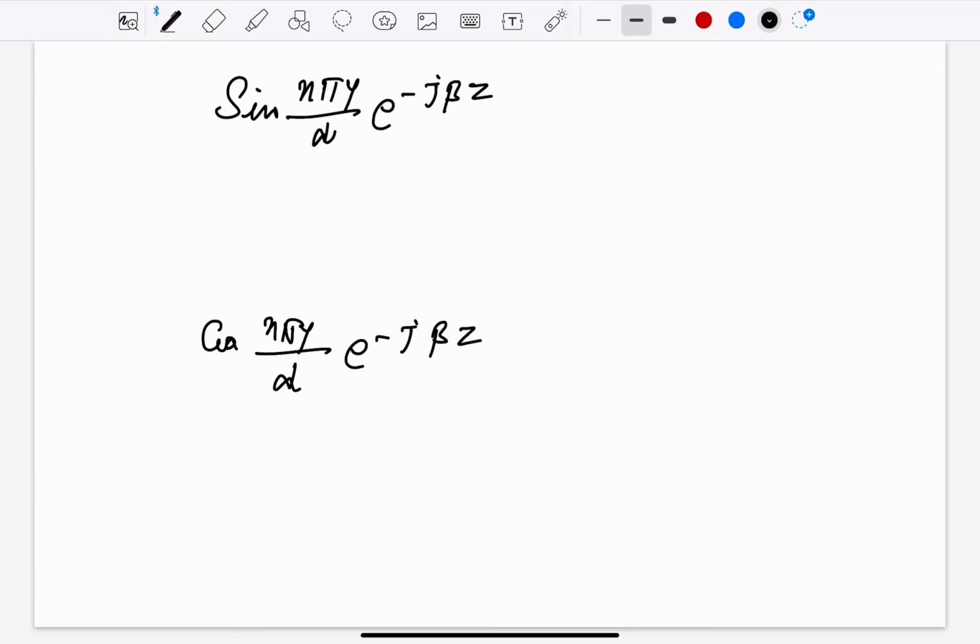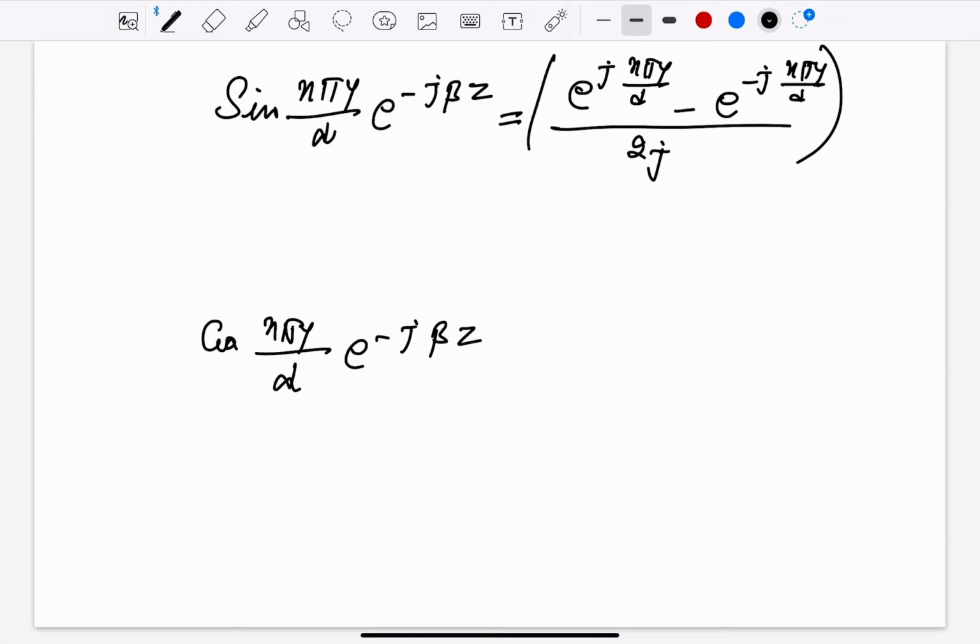If you open up these things a little, you can write them as e to the power j n pi y over d minus e to the power minus j n pi y by d, divided by 2j, and of course e to the power minus j beta z.